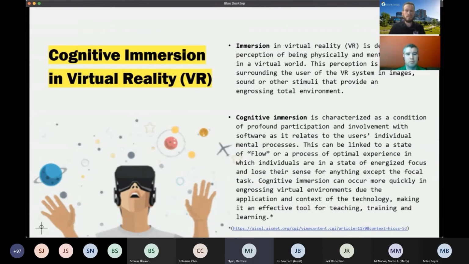Cognitive immersion is characterized as a condition of profound participation and involvement with software as it relates to the user's individual mental processes. Essentially, most of us think of this as a flow state, or a state where you're just focused on that focal task that's right in front of you. Cognitive immersion can occur more quickly the more engrossing the virtual environment is, and just because of the context of the technology itself.